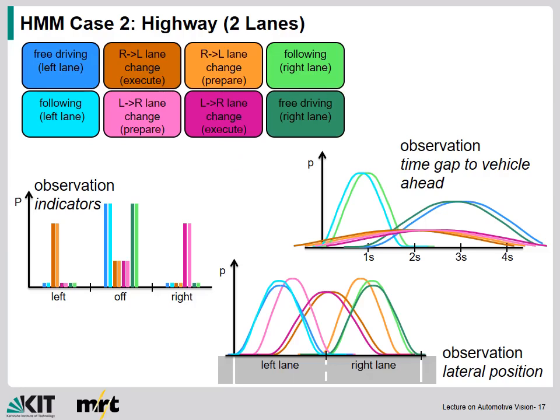While in the free driving states we expect large time gaps, which we can express by a Gaussian density that is centered over a larger time gap, like 3 seconds, and that has a larger standard deviation. And for the lane change situations, it's hard to give some measurements, because maybe it's not yet really clear on which lane the vehicle is and what to expect.